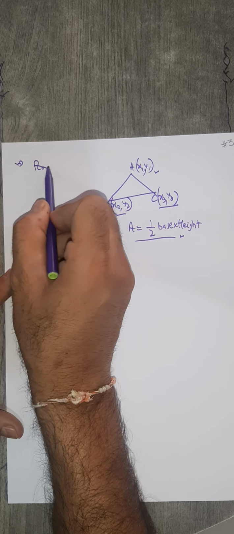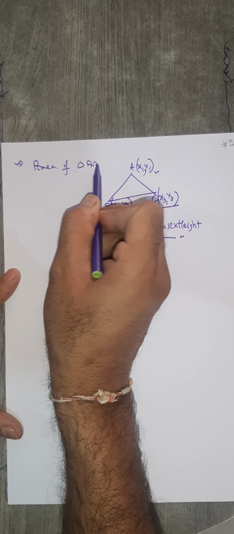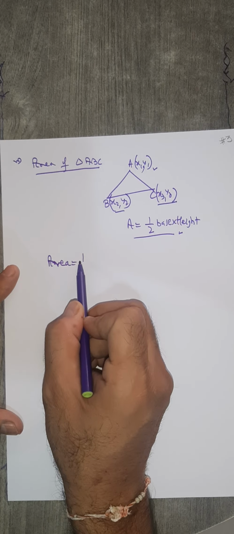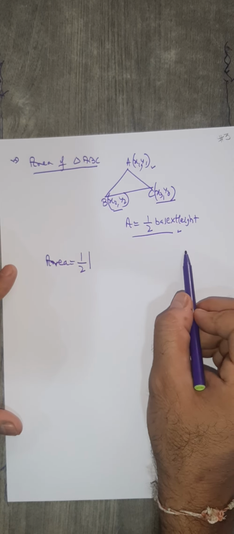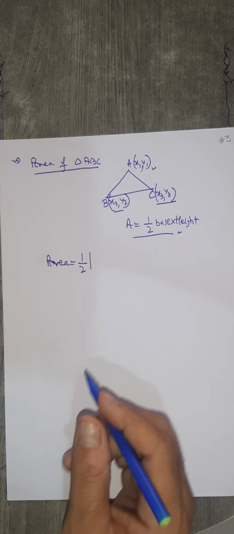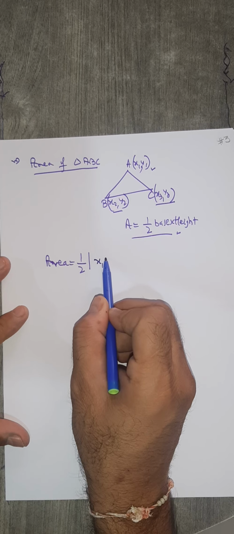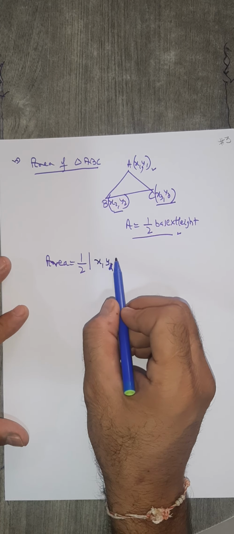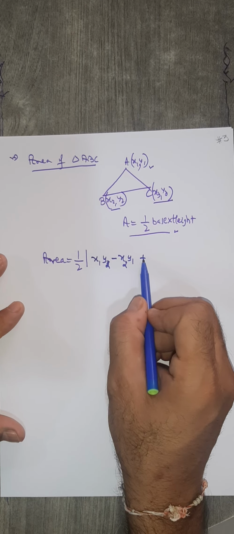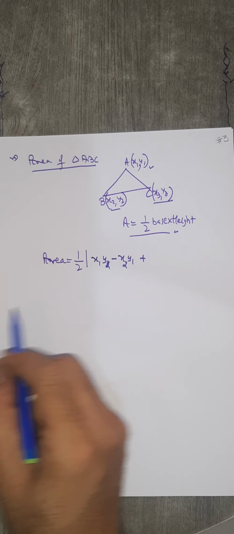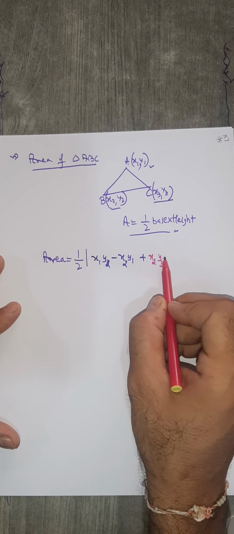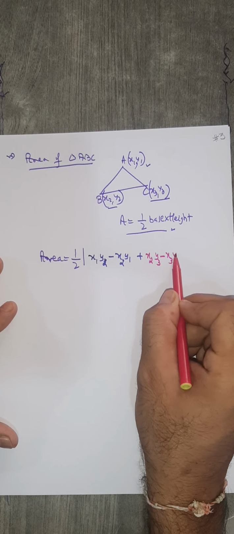So here the area of this triangle ABC, you know, equals half. Inside the modulus you have some expression. It's not even difficult to remember: x1 y2 minus, just interchange these two indices, x2 y1, plus, now here you started with x1, so now you start with x2, next index y3, and then interchange these two, x3 y2.